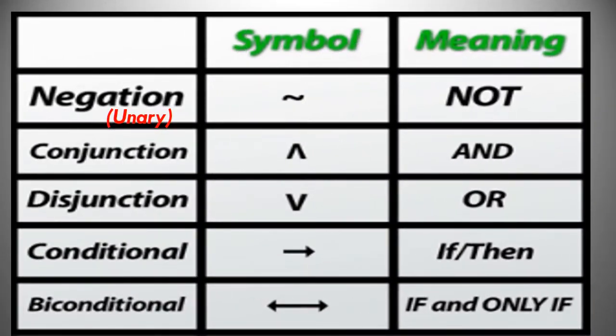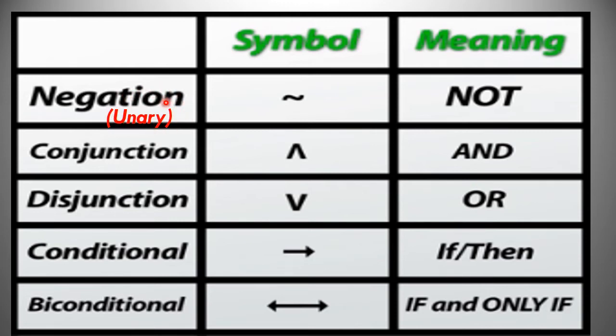See, these are the examples of logical connectives that we will deal with at the basic level. Okay, so the first one, if you see, negation, I have written over here that it is unary. That means this logical operator is applied on a single statement.